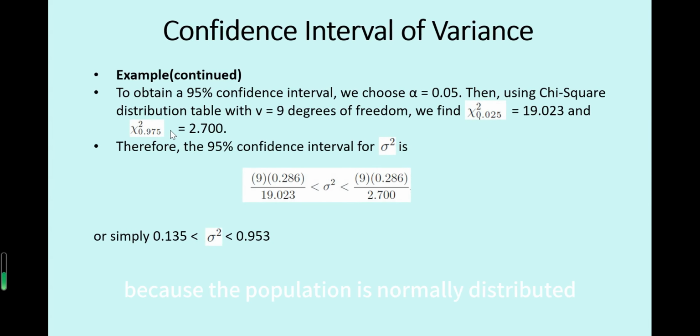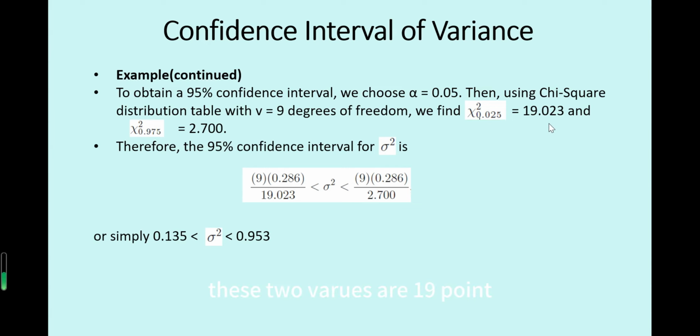Because the population is normally distributed, we can get the 95% confidence interval using the chi-square distribution table at 9 degrees of freedom. We can find these two critical values for chi-square 0.025 and chi-square 0.975.